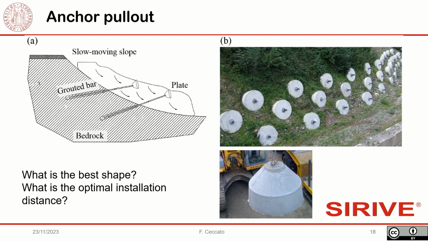At that time, they had a lot of questions, like, what is the best shape of the head of this anchorage? What is the optimal installation distance? And so on. So we did some work together.